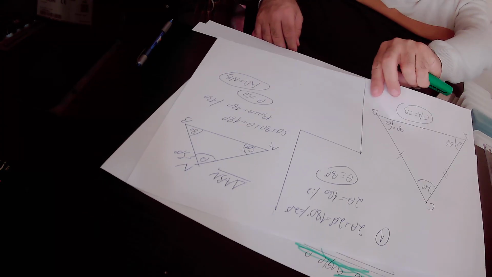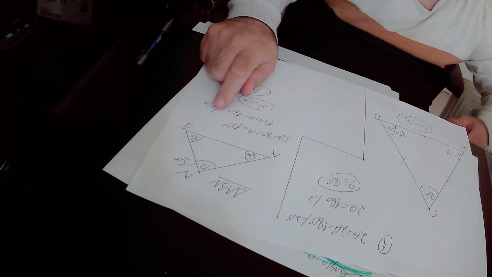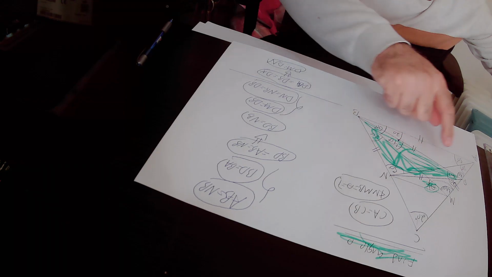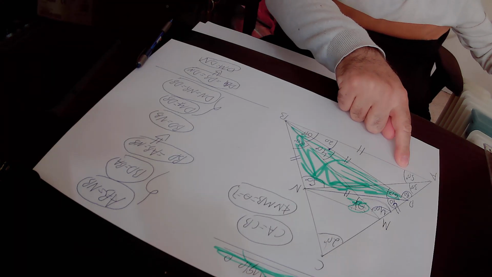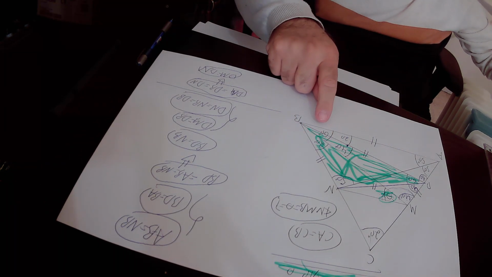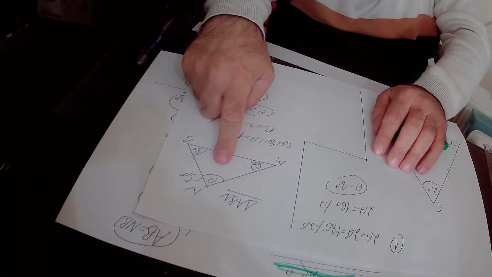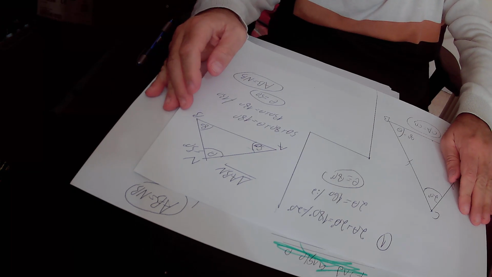This is triangle NAB, or ABN, that I copied from the original drawing. Angle NAB equals 50 degrees here, and this angle NBA equals 80 degrees. We define the missing angle as theta. The sum of the angles in triangle ABN must be equal to 180 degrees.